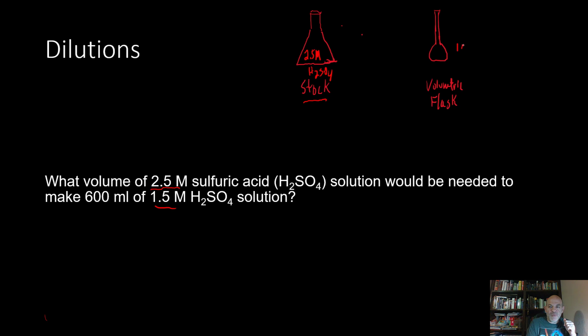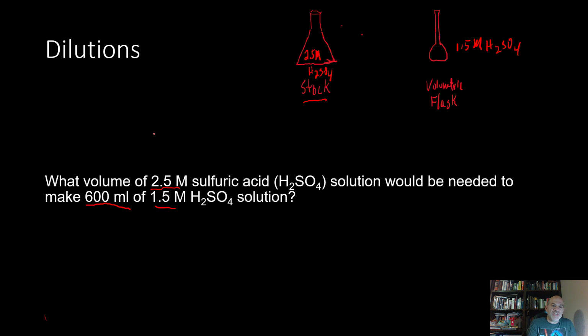So we want to make a 1.5 molar H2SO4, sulfuric acid solution. And we want to make 600 milliliters of it, right?